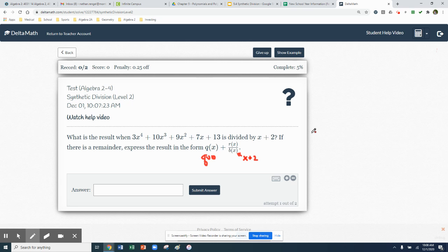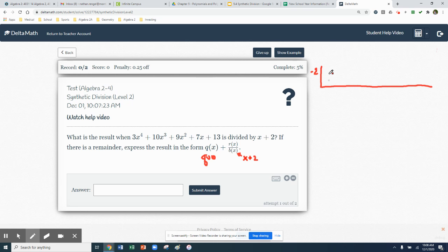When you first learned long division, you learned how to write your remainder as a fraction with your divisor. Or sometimes you maybe did it as a decimal, but now we're just going to do it with this divisor of x plus 2. So let's get our problem set up, and then I'll show you what that looks like.